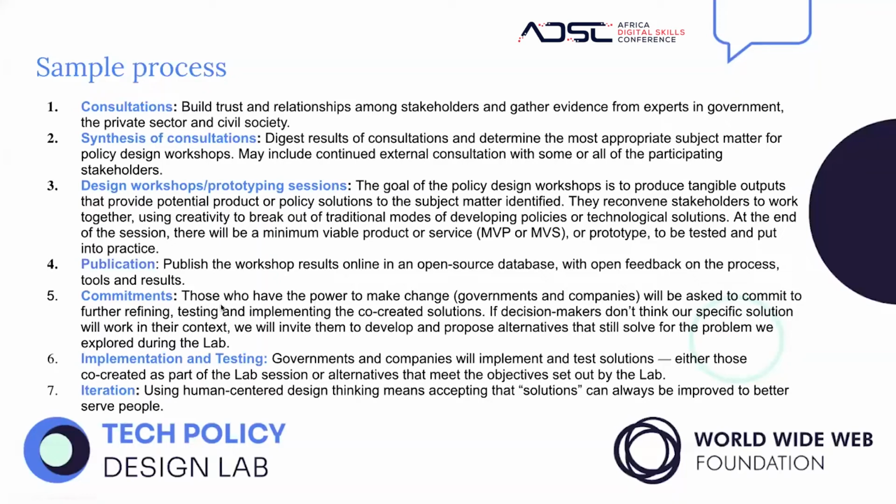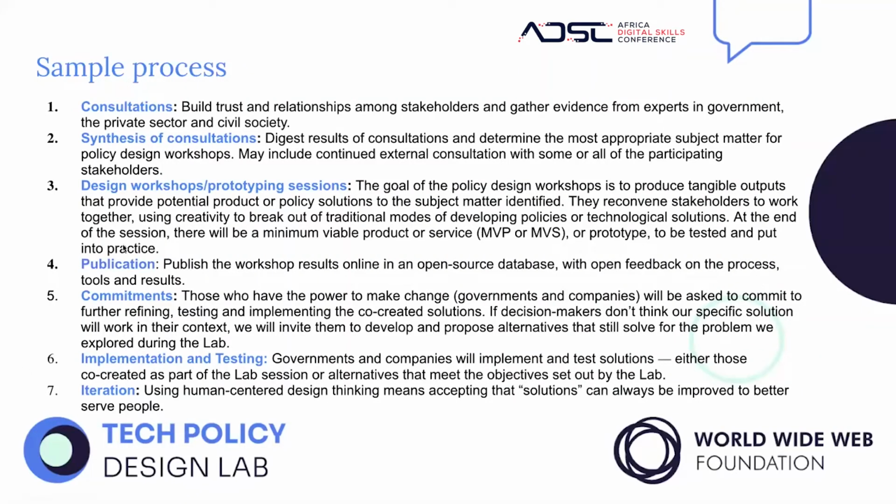And then, once the people who have the power to make the change, those are governments and companies, you can ask them what needs further refining, what needs to be tested, how can we implement the co-created solutions? And if they feel like the solutions that we created are not good enough, or don't work in their context, we continue the process and ask them to develop and propose alternatives so that we can still solve for the problem.